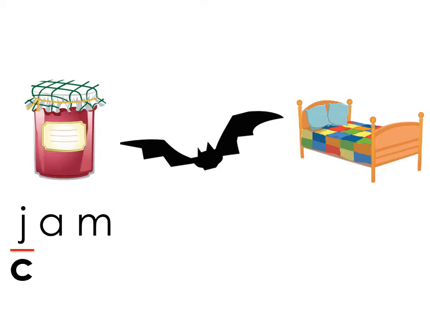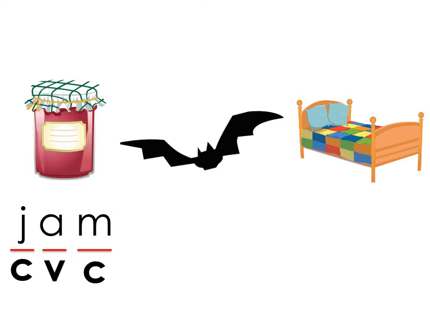That J is a consonant. How about letter A? Is letter A consonant or a vowel? A is an example of vowel. How about letter M? M is an example of a consonant.